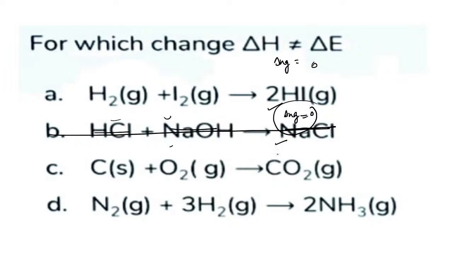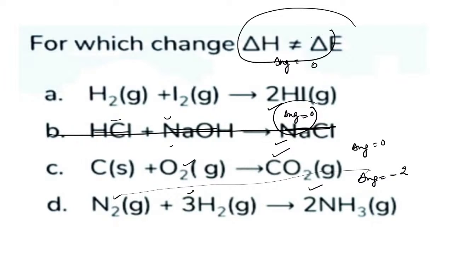Over here 2 minus 4 is minus 2, so if delta ng is minus 2, that means delta H is not equal to delta U. So the correct answer is option D.